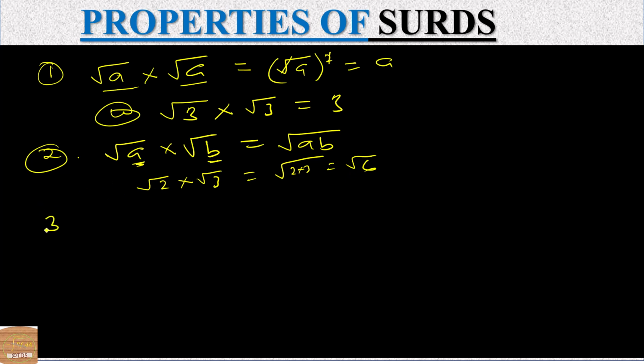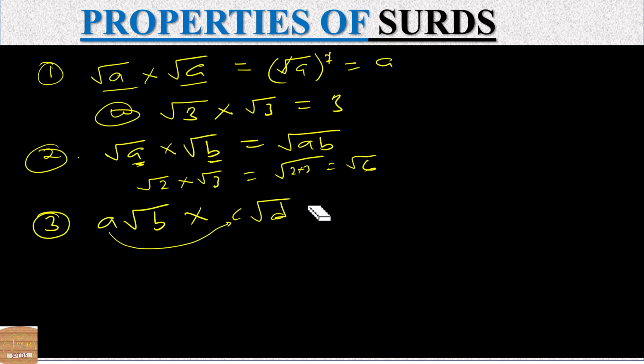The third one, in case we are given, let's say, A root B times C root D. With this, the coefficients will multiply, so to be AC.